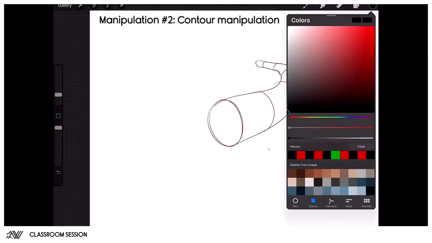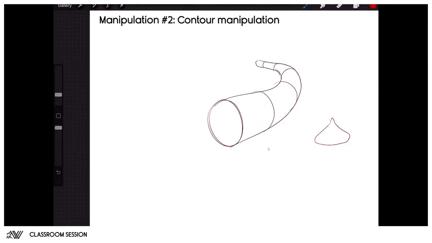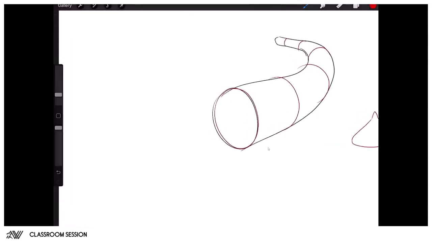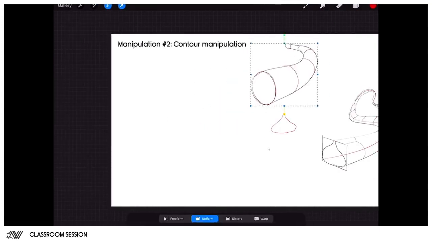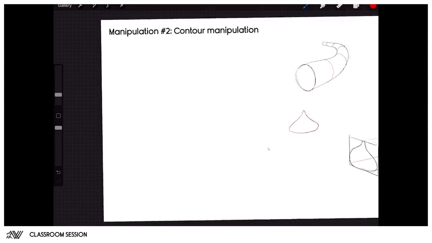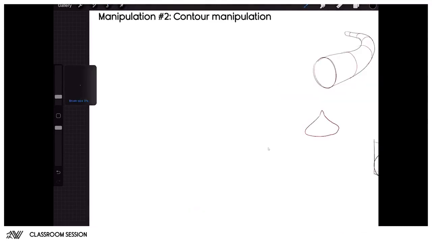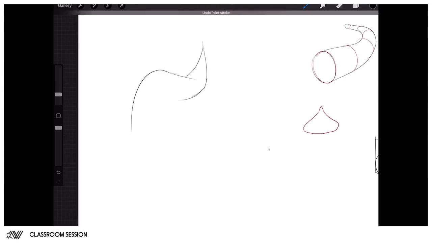If we look at a ram horn or a goat horn, I'm just going to move this aside. I'm first going to draw the horn. Basically a goat horn, and I'm guessing this, but from what I've drawn already, most of the horns usually look something like this, right?